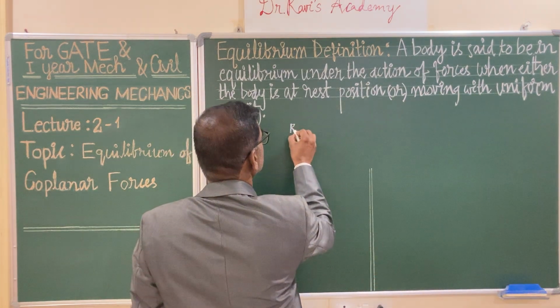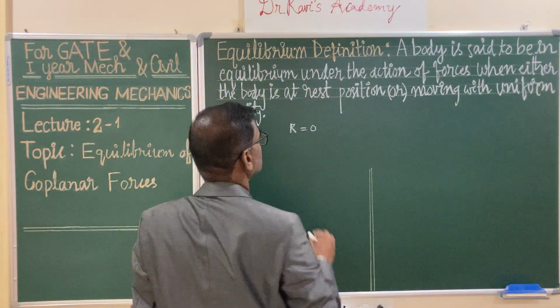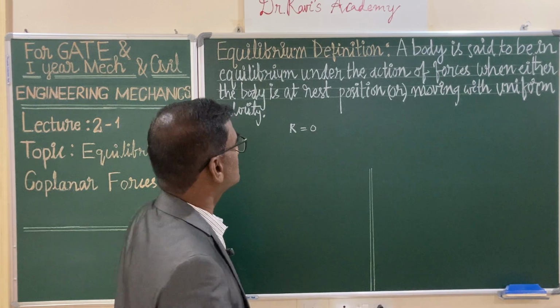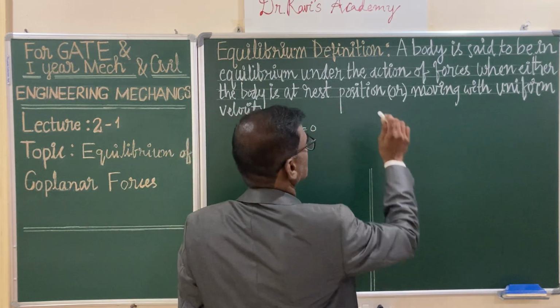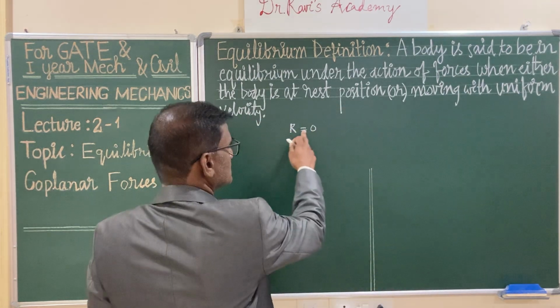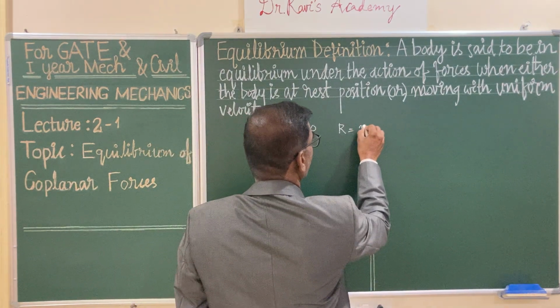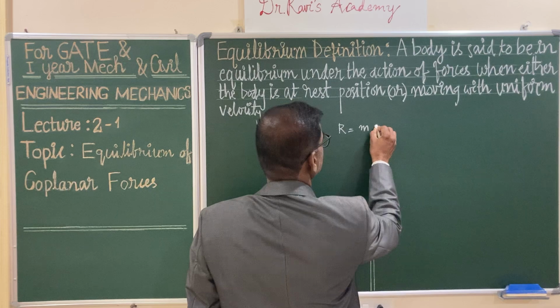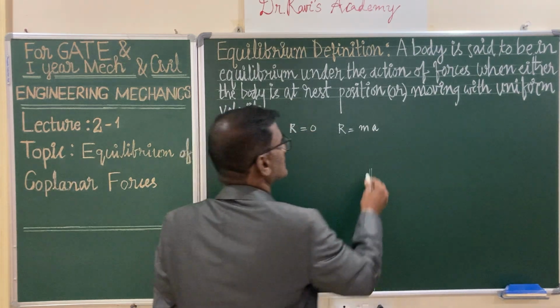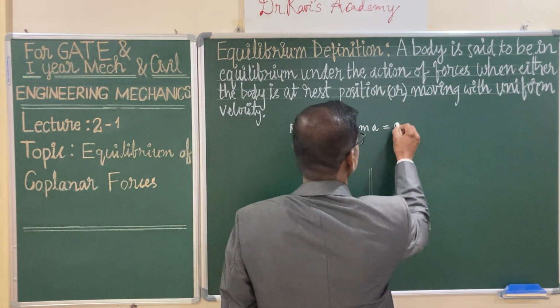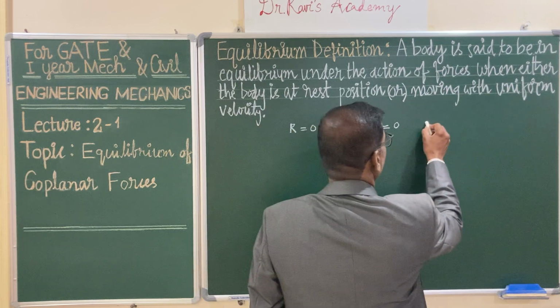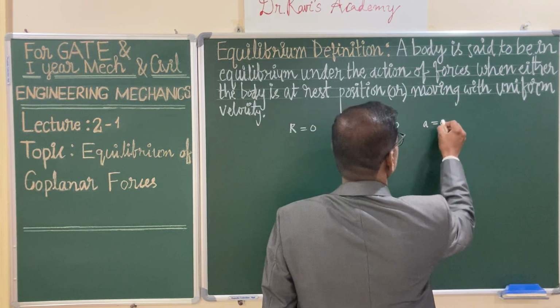The moment you say that R is equal to 0, the resultant is 0, which means the body is at rest position, or it is moving with uniform velocity. This is possible as you know that R is equal to mass into acceleration, ma, so this is equal to 0. This is only possible when acceleration is 0.